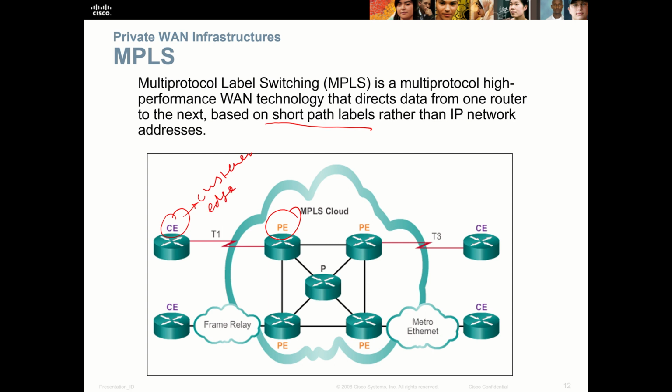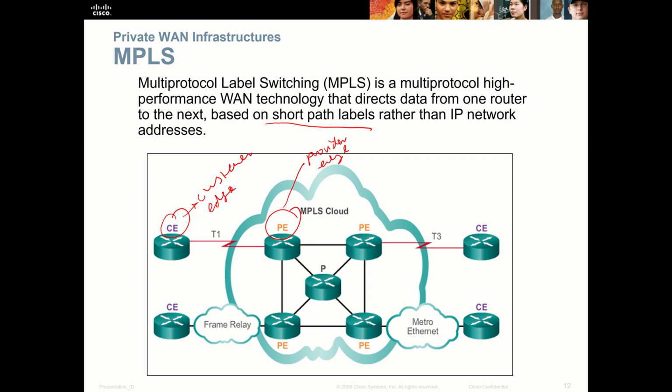What it means now is the edge router for any organisation. Alright, and then we have the PE. PE is the provider edge. This router, the PE, has the responsibility to determine which path the packet should be routed through to the destination.